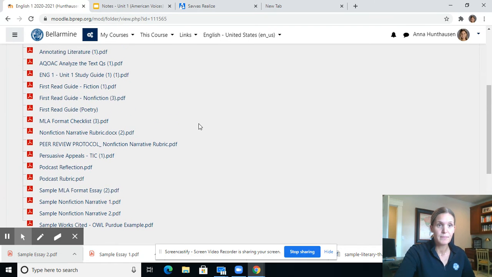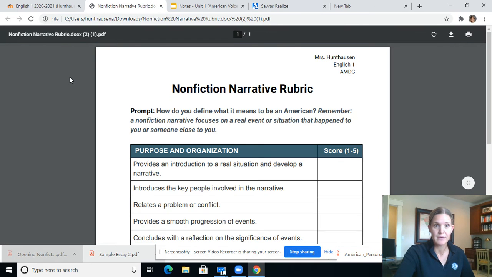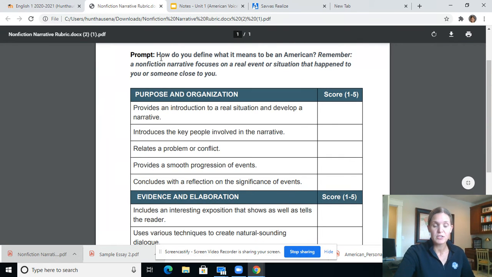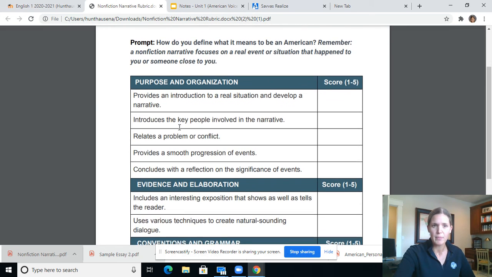I'll also pull up the nonfiction narrative rubric here. So this is how you're going to be graded. First, I'm looking for a clear purpose and organization. I want an introduction to a real situation that develops a narrative. I want you to introduce the key people. There should be a problem or a conflict.